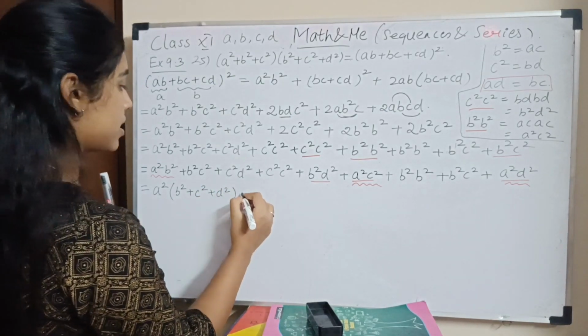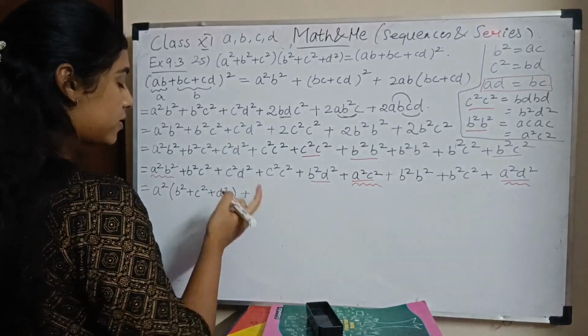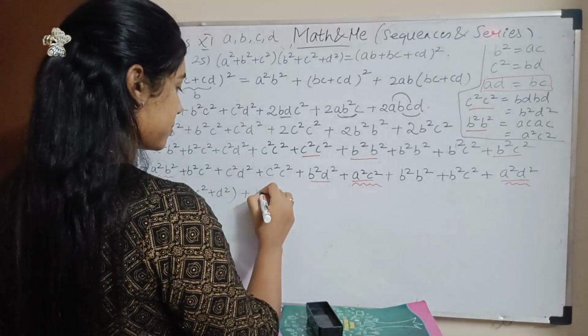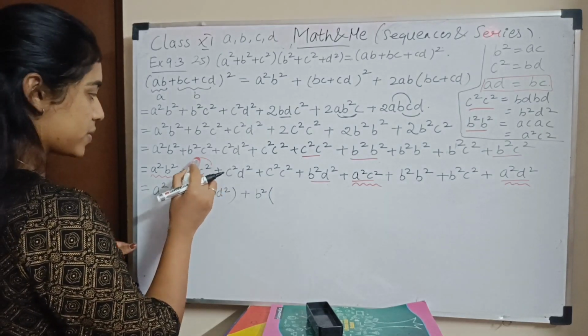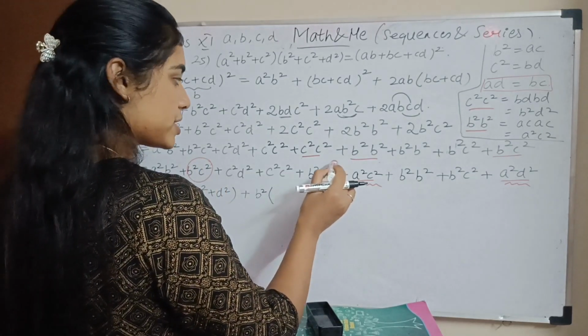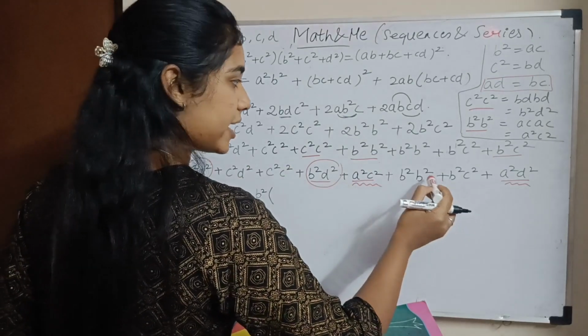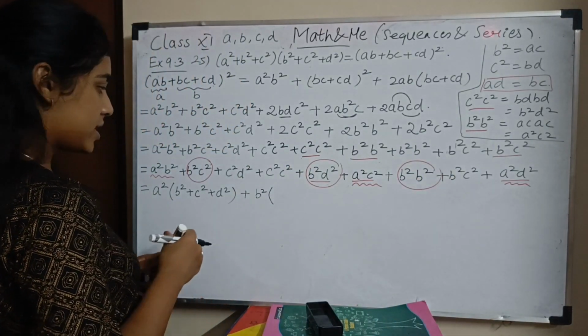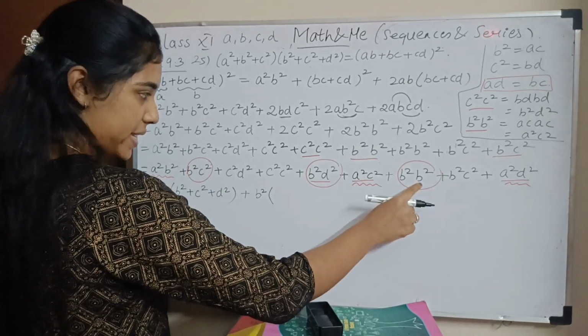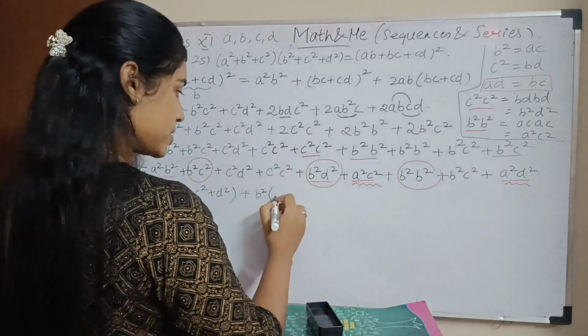Okay? Plus, now I'm going to take the b square outside. So b square, I have b square c square, I have a b square d square here, and I have a b square here. So I have b square times b square plus c square plus d square.